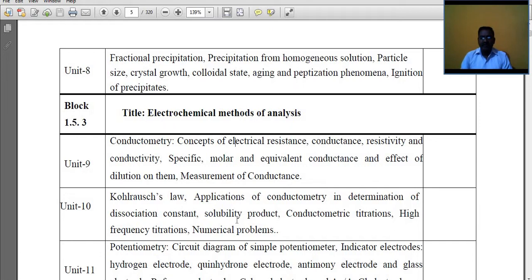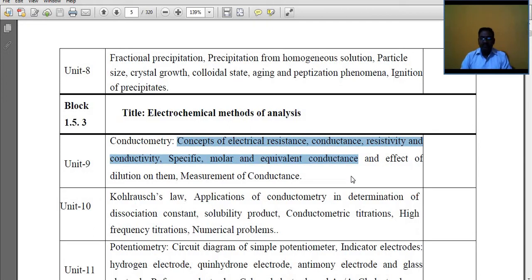In that electrochemical methods of analysis: conductometry, concept of electrical resistance, conductance, resistivity, conductivity, specific conductance, molar conductance, equivalent conductance, and effect of dilutions on them, and measurement of conductance.